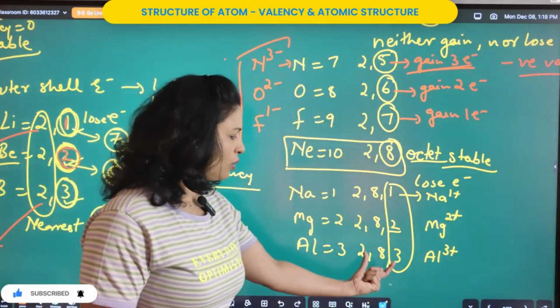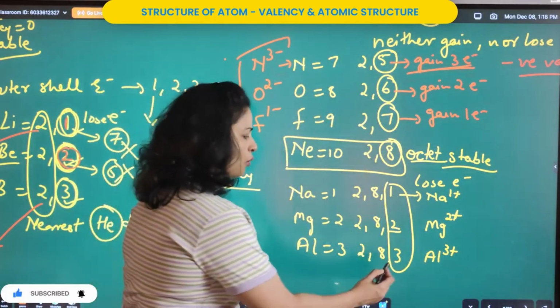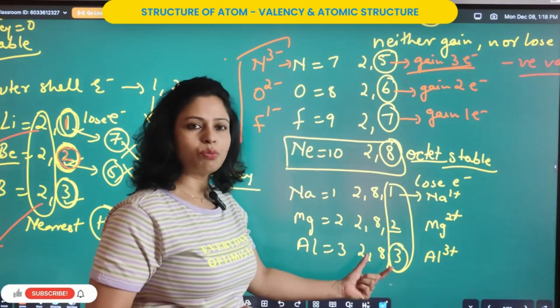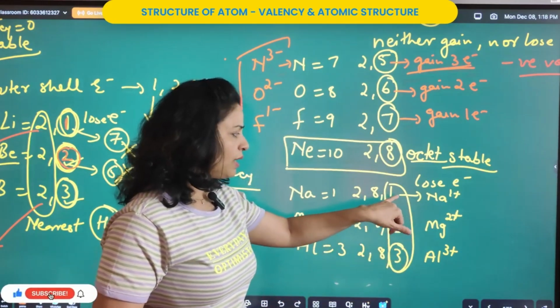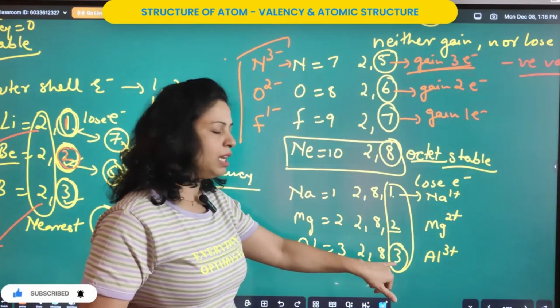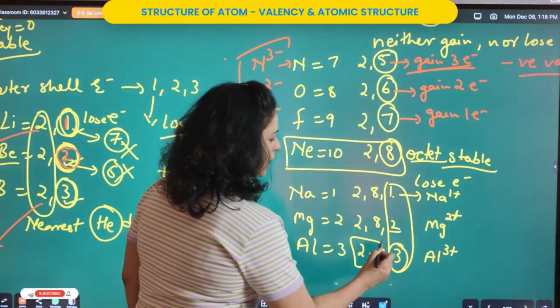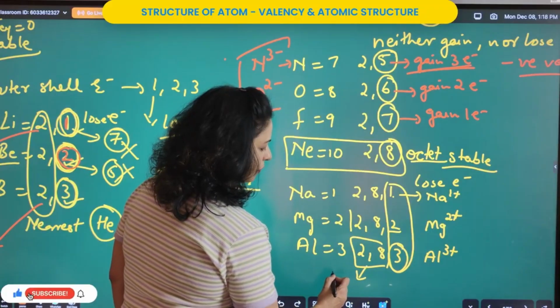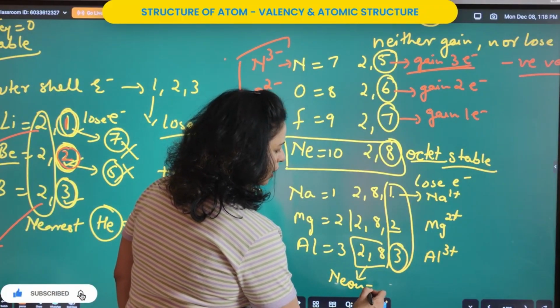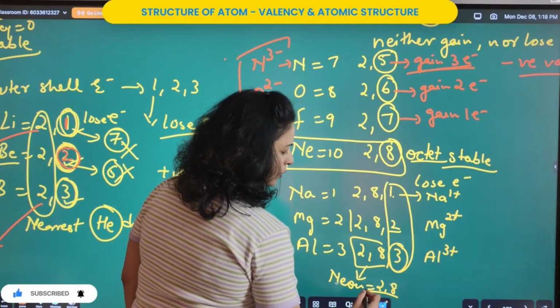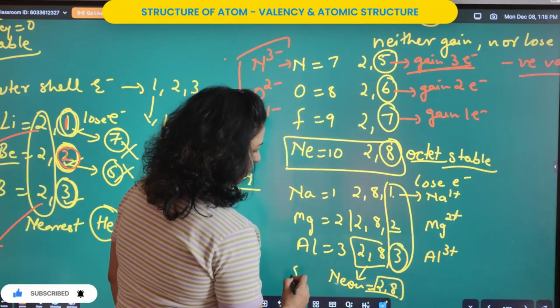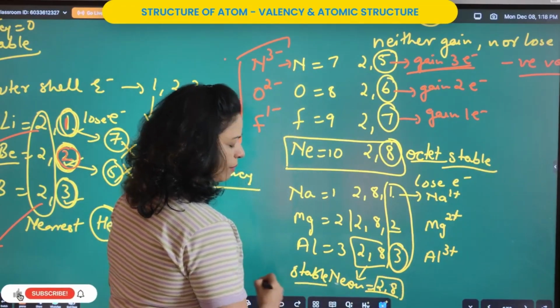So when you know the electronic configuration and you know how many electrons it has on the outermost shell, if the outermost shell is having 1 or 2 or 3 electrons, they always lose. Okay. So which configuration will it attain to lose? It will attain the nearest neon. Neon configuration is 2, 8. It will attain neon configuration to become stable.